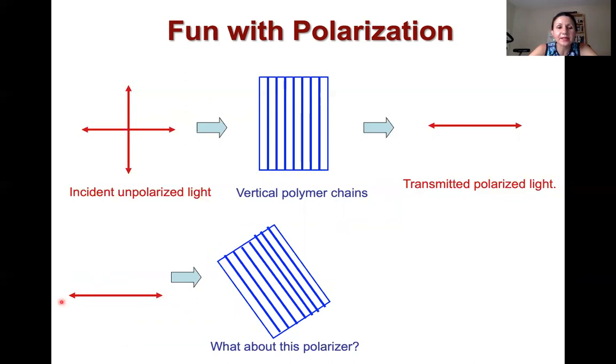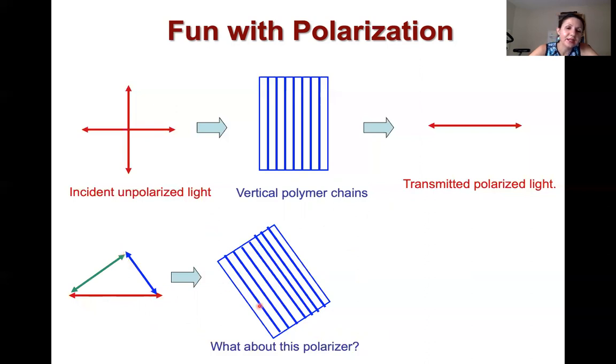We can always break this down into components, right? So if we set our axis in this direction, so let's say that will be our Y, and this is our X component, we can think of this polarization direction as having some components in that direction.